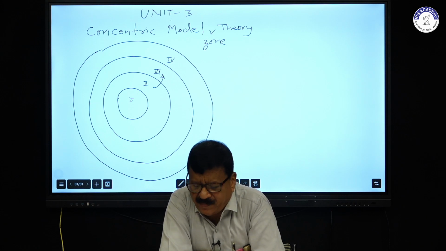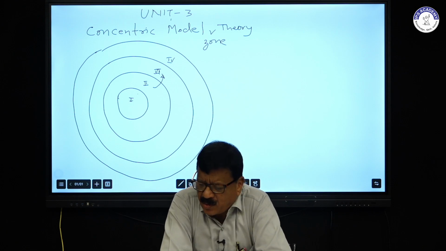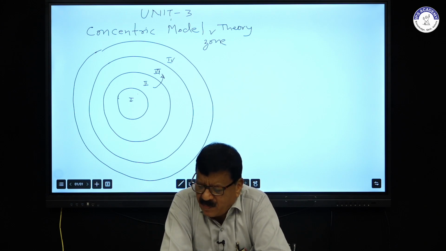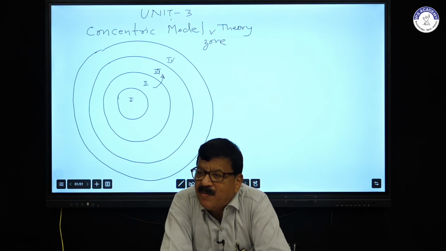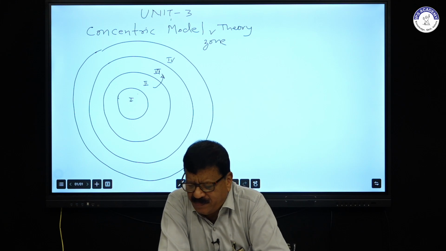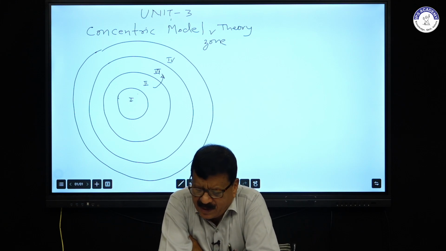Point number 4. The Burgess model assumes an isotropic plane. Do you understand isotropy? You must have studied it in structures. Isotropic means the same property in all directions. It is called isotropy. So the Burgess model assumes an isotropic plane, an unchanging landscape of the city.